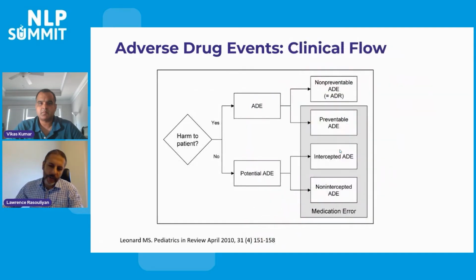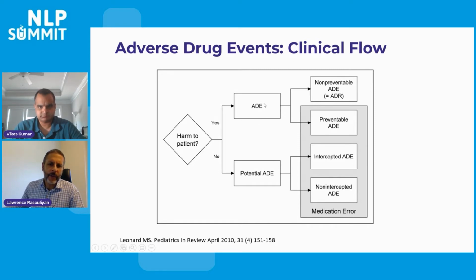And finally, just to bring it home even further, is to show how a clinician might interpret it in flowchart form. If a physician gives a drug to a patient, and the patient does experience some kind of event, the question is, was that event harmful to the patient? If the answer is yes, that's categorized as an adverse drug event.